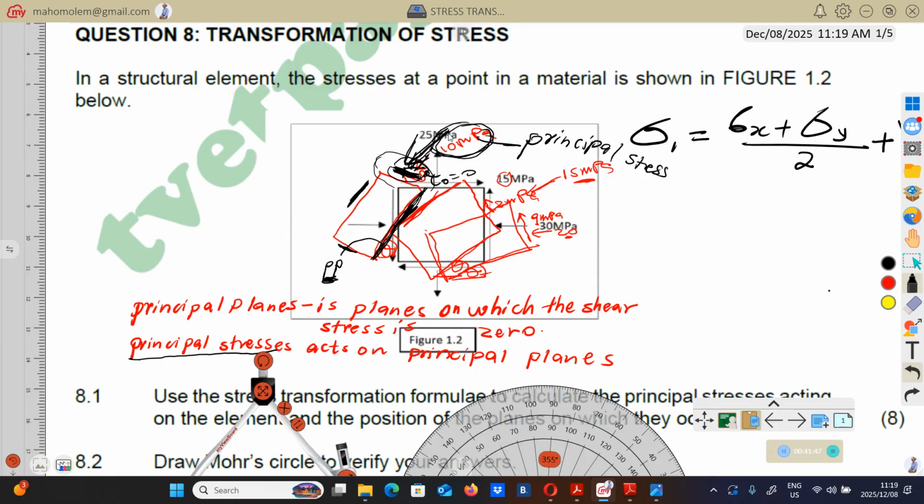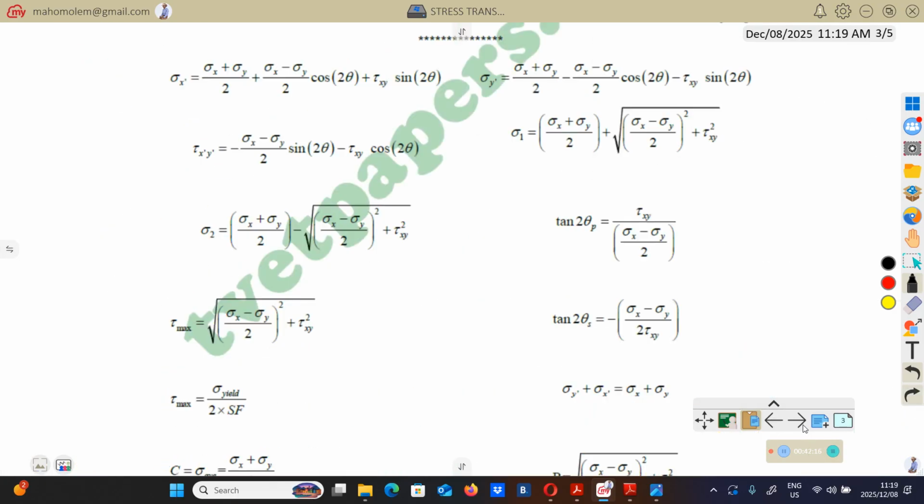So remember this 10, I was just giving an example. Now in this question 8.1, we have to calculate the principal stress, not this one that I've just given from my mind. So to calculate the principal stress of this given element, we are going to use this formula. You will get it from your formula sheet. Here's the formula.